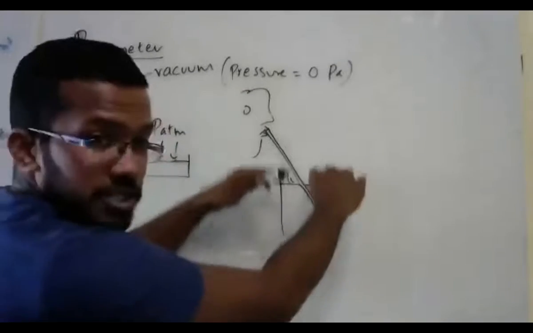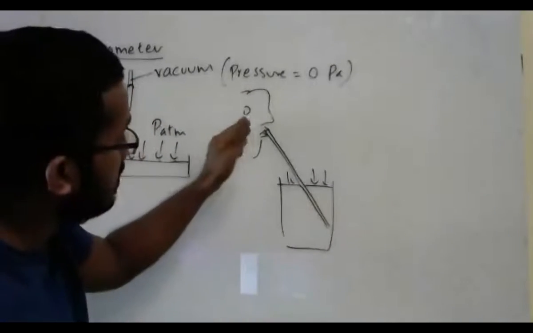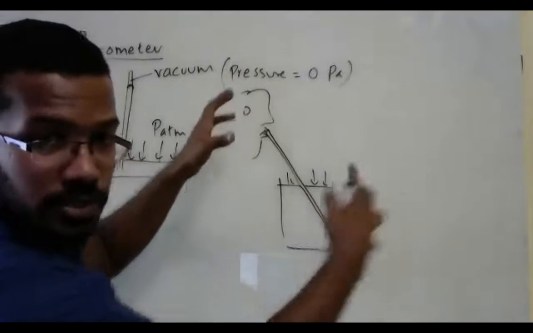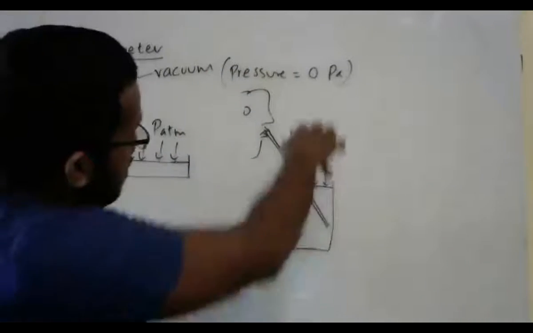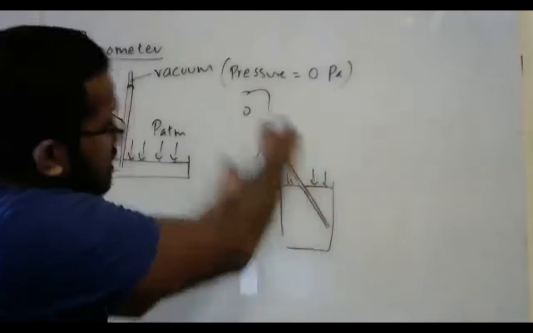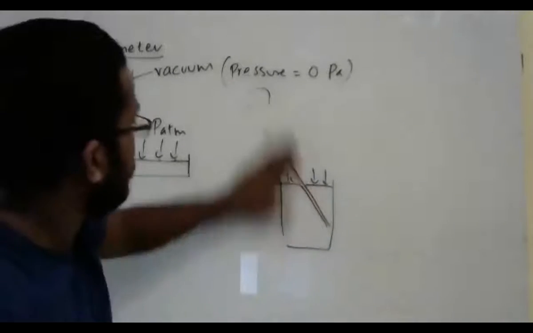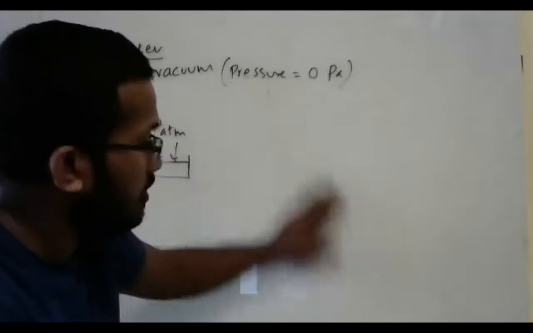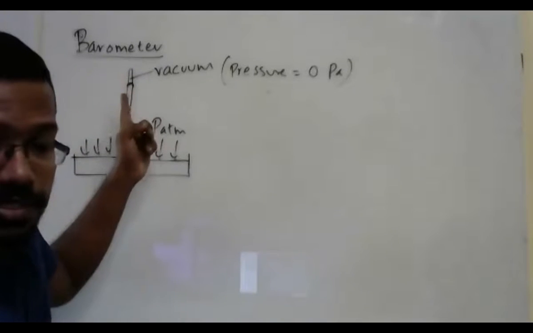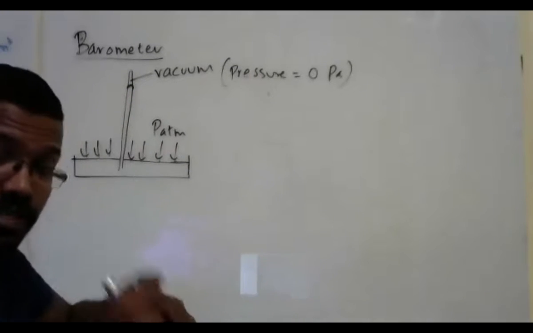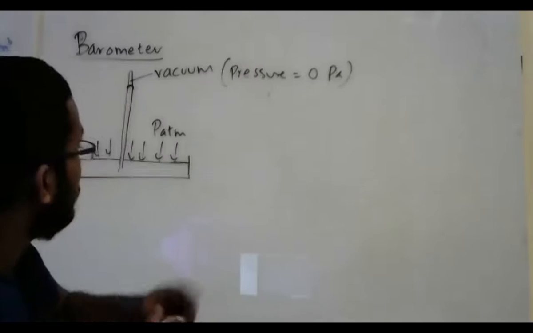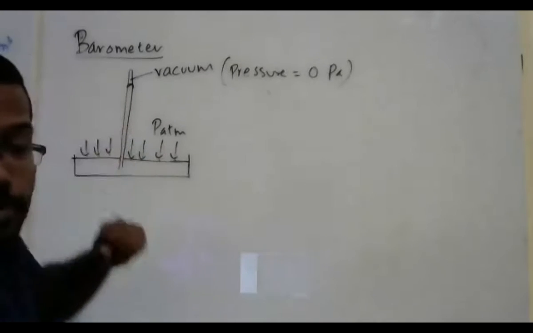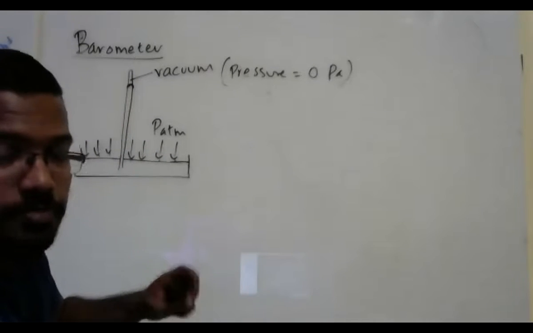Because this push is more than the push here. The pressure causes the liquid to go up. Similarly here, this is better than any person using a straw, because it can create almost 0 pascals. So the rise of the liquid is purely due to that pressure difference.